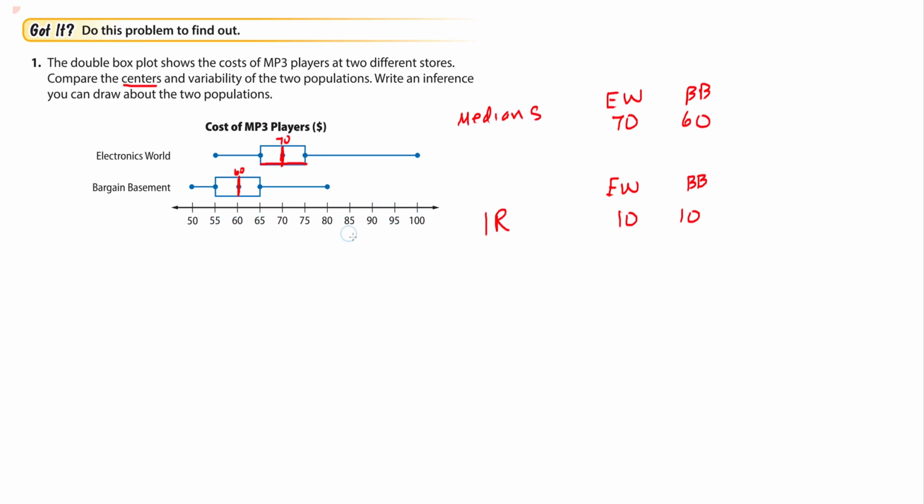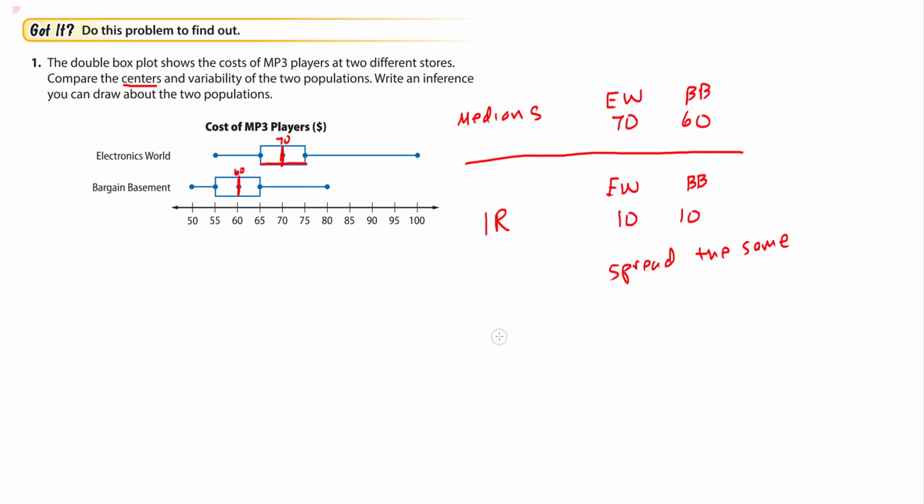Further to the right is greater prices. That's pretty easy to tell from that graph. So the medians are telling me on average, Electronics World's more expensive, Bargain Basement's cheaper. The interquartile range, them being the same, means the spread of the data is the same. So they're both somewhat equivalent in how they're spread out.